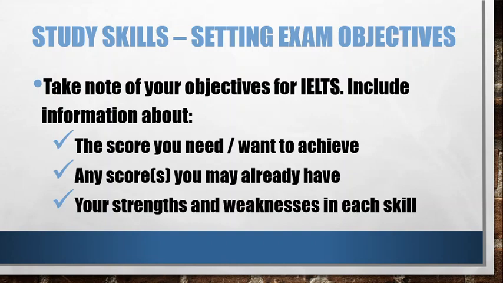Next, what scores you already have. So if you have taken IELTS before, what score do you want to have now, and your strengths and weaknesses in each skill. All right, so maybe you want to take note what you are good at and what things you need to improve on for each skill for IELTS.